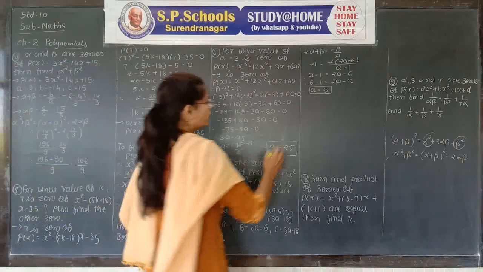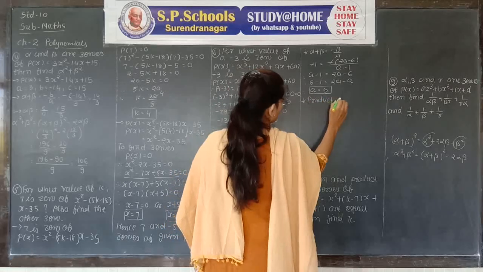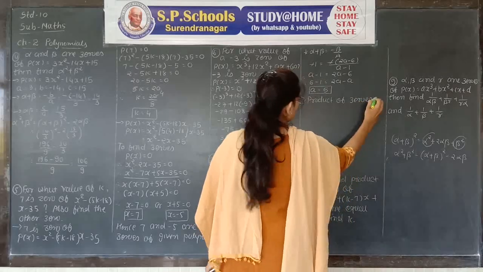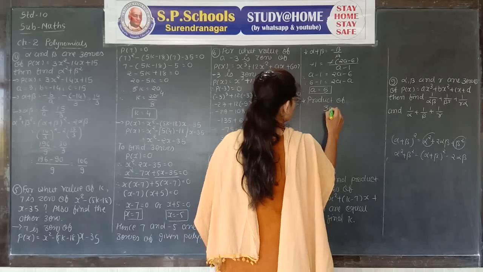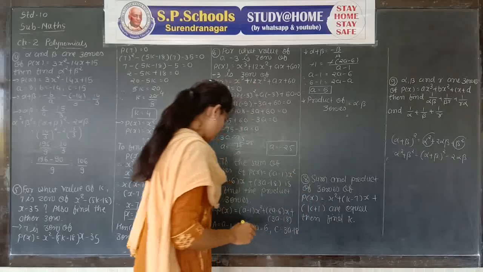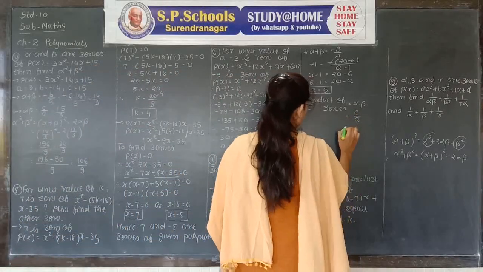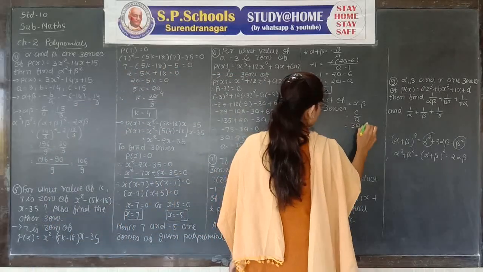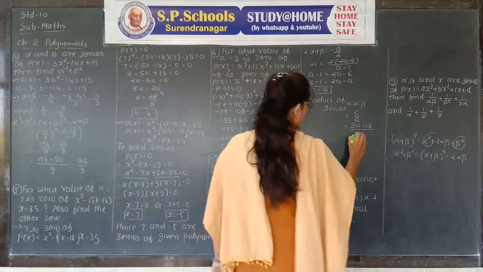Now we find the product of zeros. Product of zeros is equal to alpha into beta, where alpha into beta, as we know, is c upon a, where c is equal to 3a minus 18, upon a, which is a minus 1.